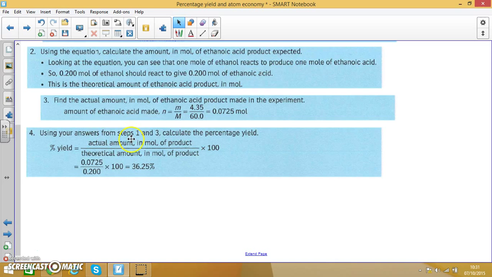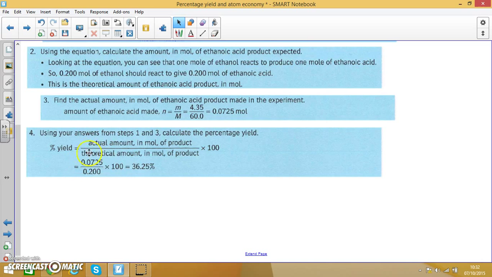So using our answers, our percentage yield in this is the actual amount in moles of the product, which was the moles of the ethanoic acid formed, which is 0.0725 moles, over the theoretical amount in moles of the product, which we already know should be 0.2 moles.